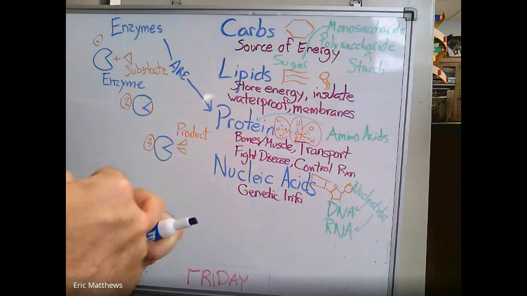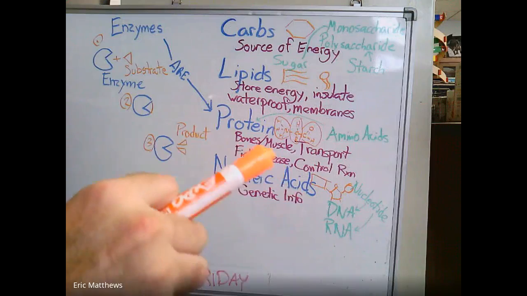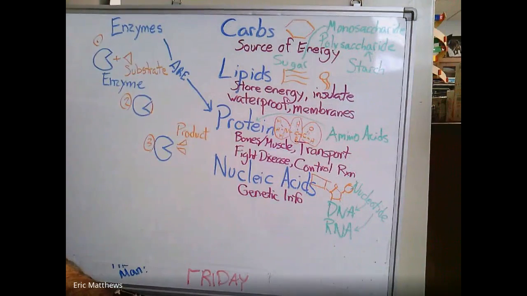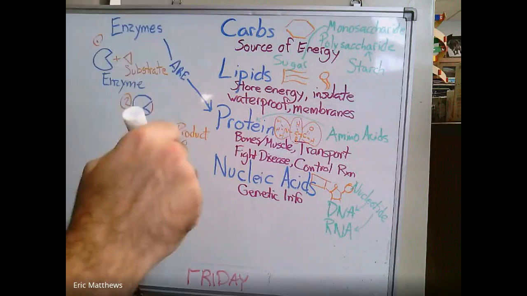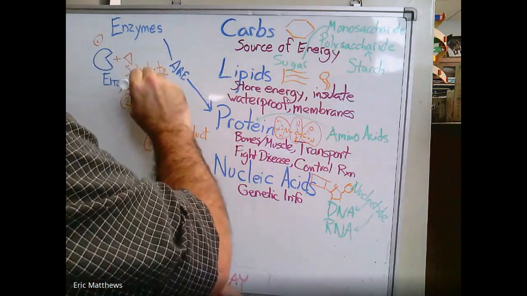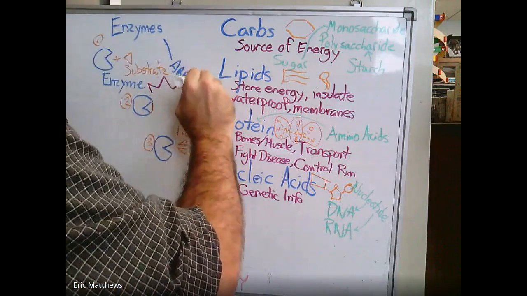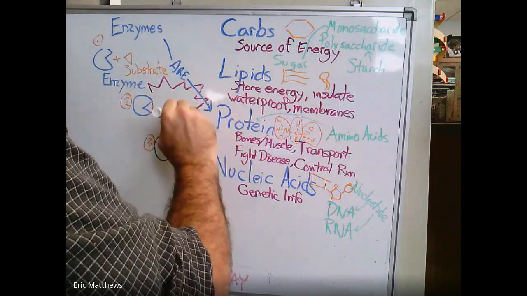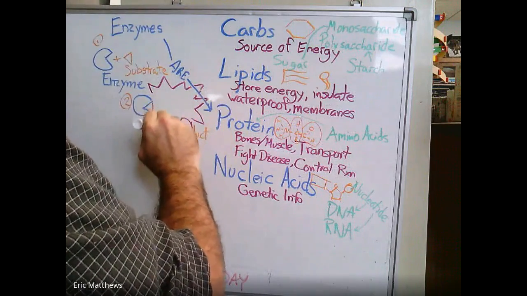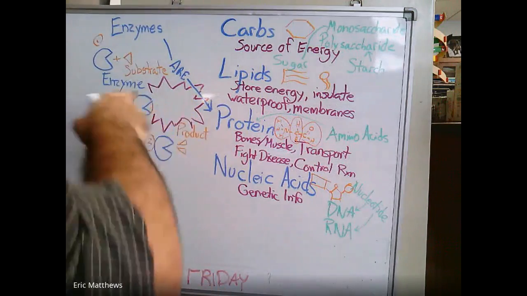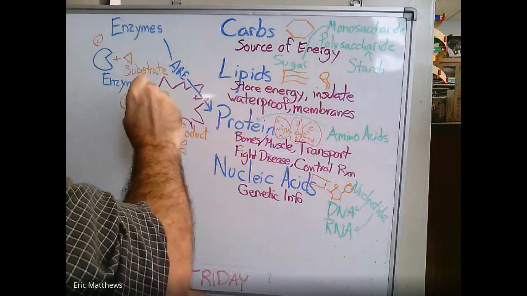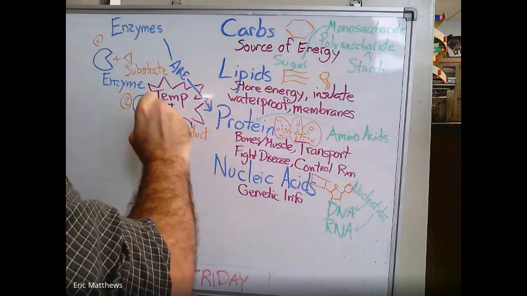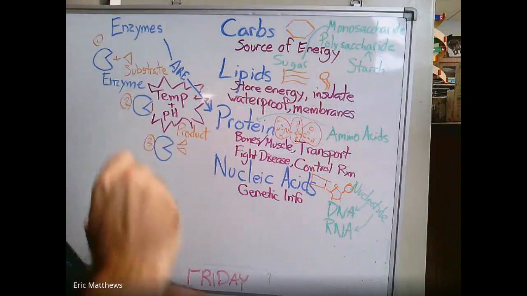Now, we can take an enzyme and we can very strongly influence its action. So there are 2 things that are of danger to enzyme action. And if you change these, we can change how the enzyme is. And that's the temperature and the pH.